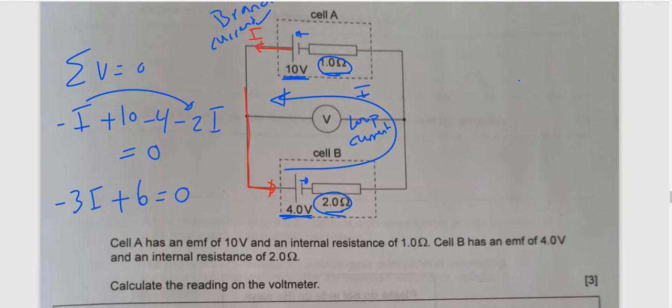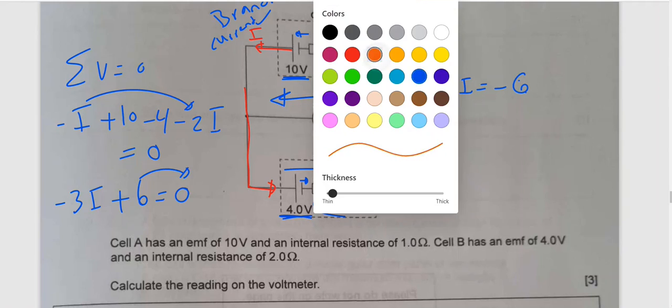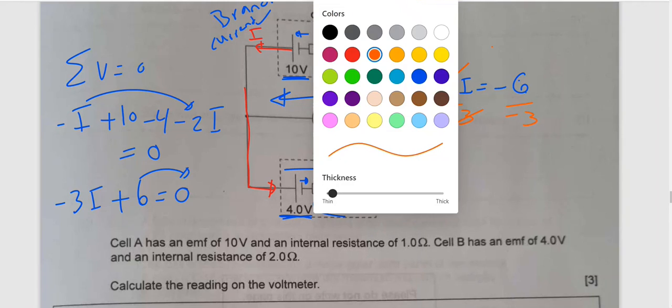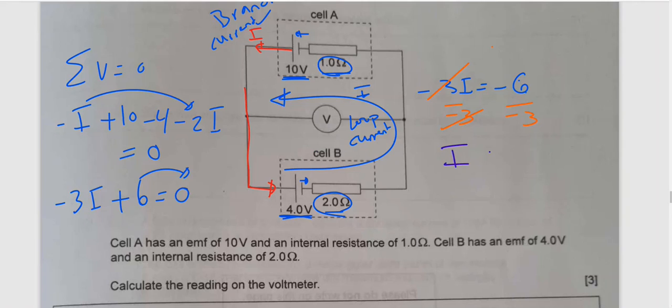Take this to the other side, so negative 3I will equal negative 6. Divide both sides by negative 3. I, the current, will equal 2 amps. So what will be the reading of the voltmeter?